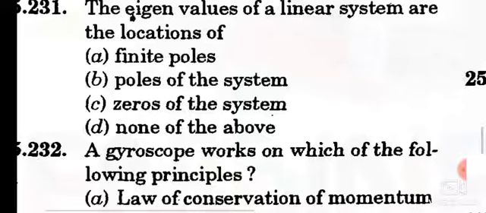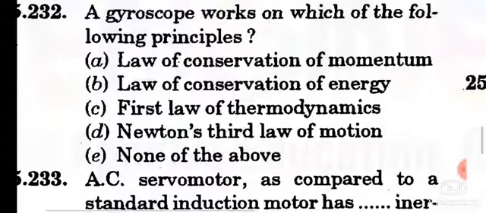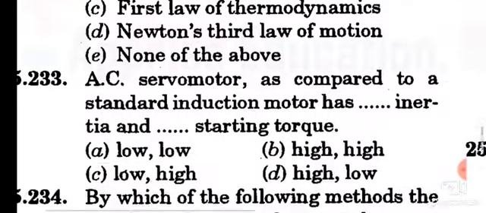So, these are not the locations of the eigenvalues of a linear system. Question number 232. A gyroscope works on which of the following principles? Option A, law of conservation of momentum. Option A is the correct answer.